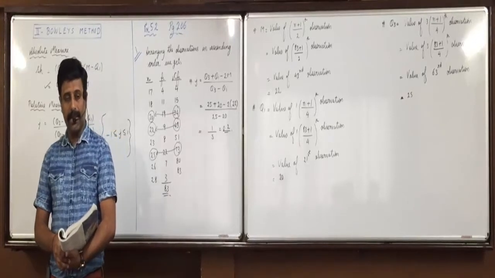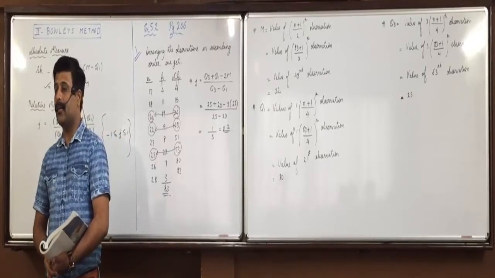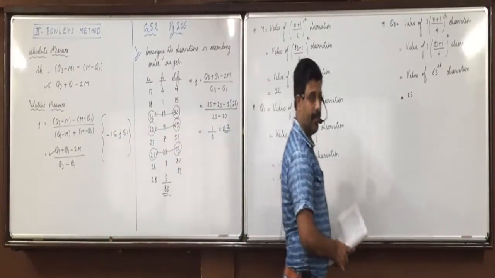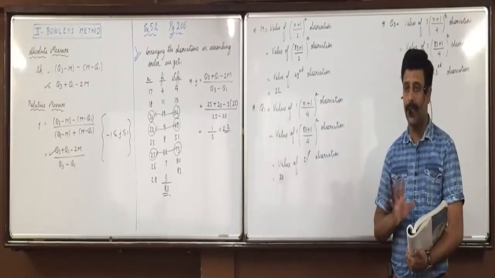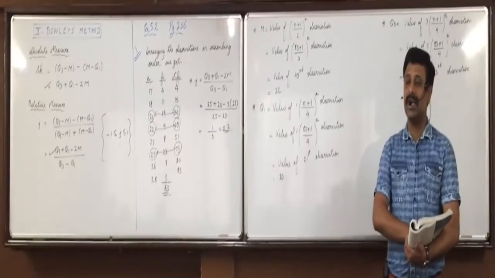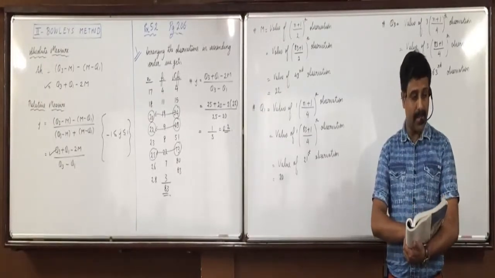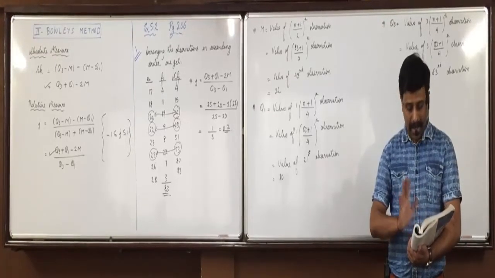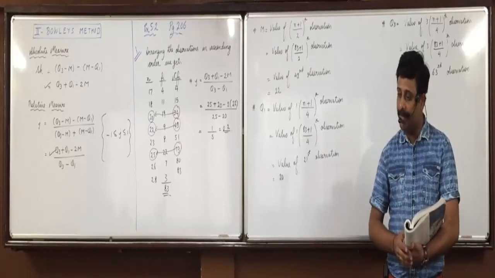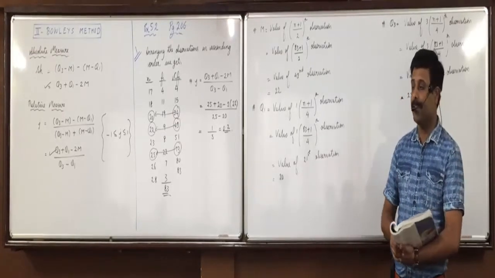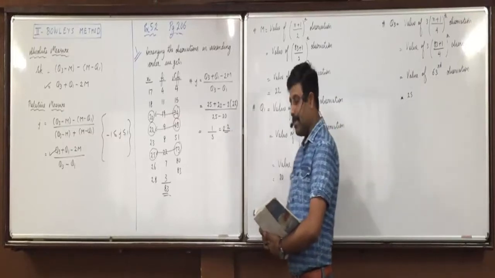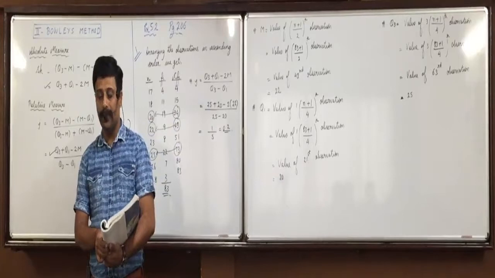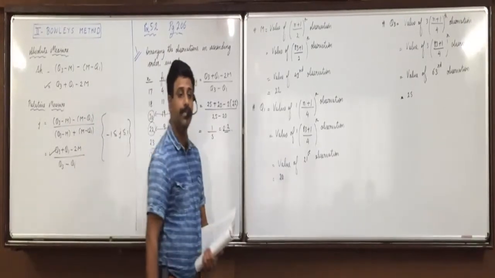Yes. In the second chapter itself we studied that you have to start subtracting from the highest CF if you want to convert less than or more than into continuous. First of all, less than 100, so the first class will be 0 to 100. Then less than 300, so 100 to 300. Then 300 to 500 up till 1100 to 1300. What is the highest CF? 31. So frequency 31 minus 27, last frequency. And 27 minus 23. And so on up till 0.